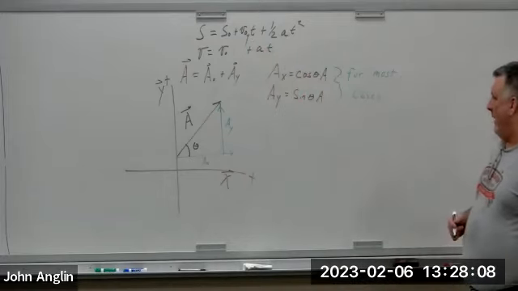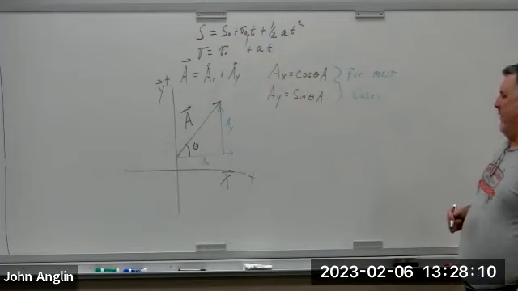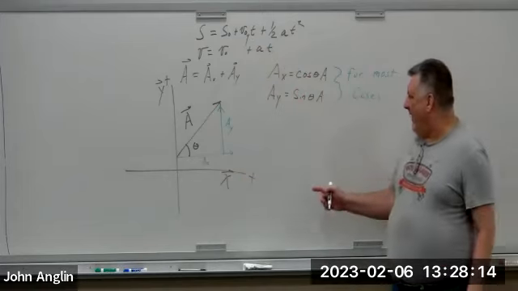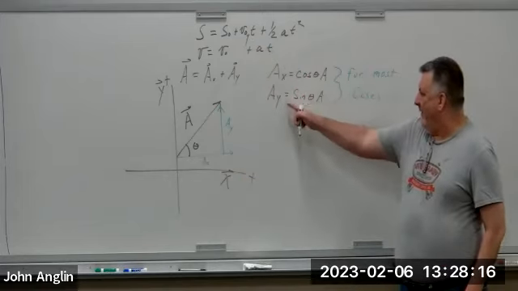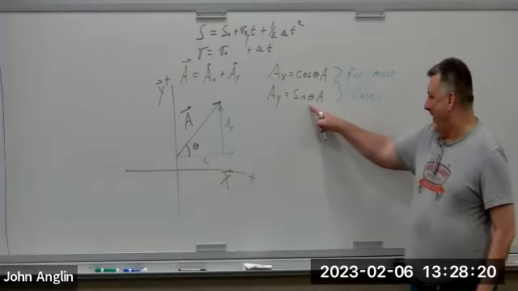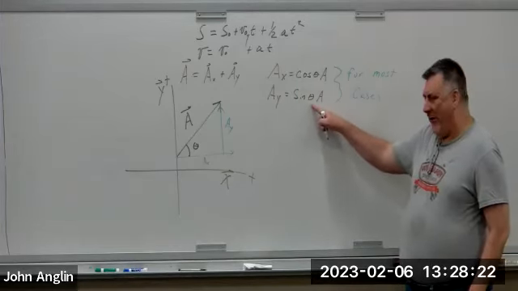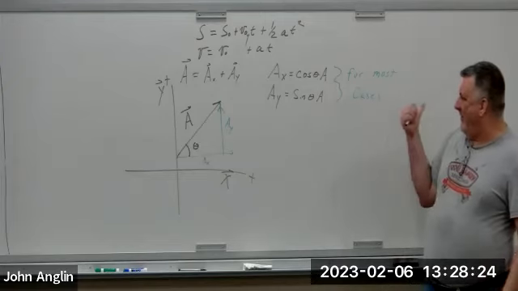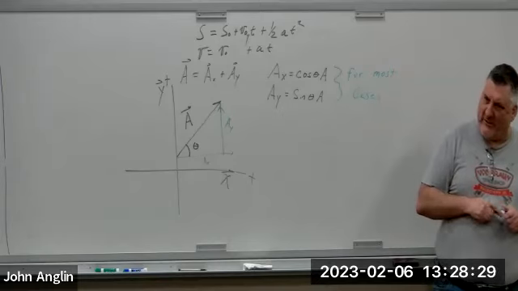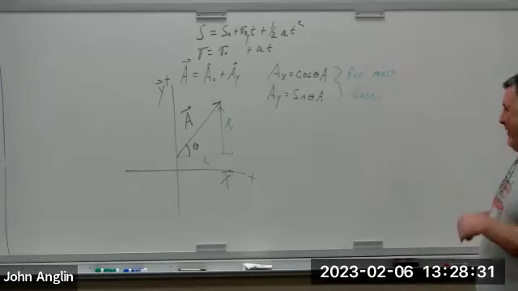And so you might go, well, what does V naught Y look like? Well, V naught Y looks like the Y component of that vector. So it looks like the sine of the angle times the magnitude of the entire velocity in the Y direction.